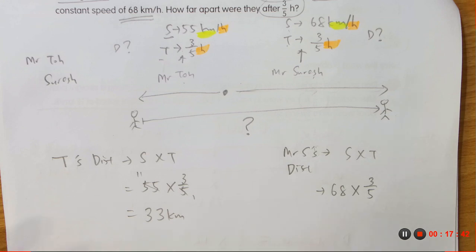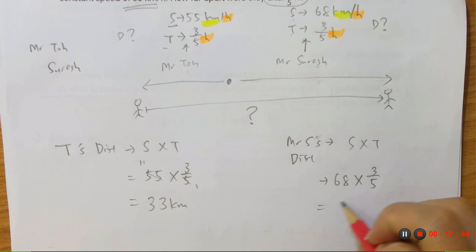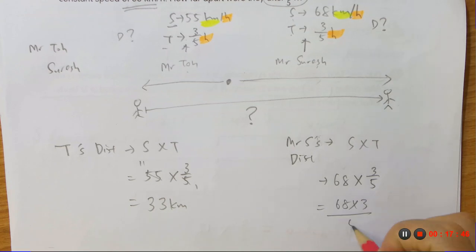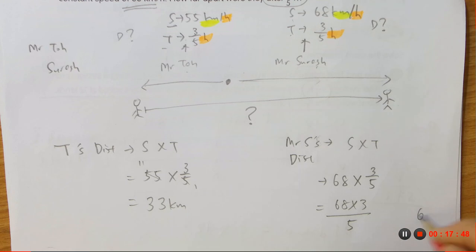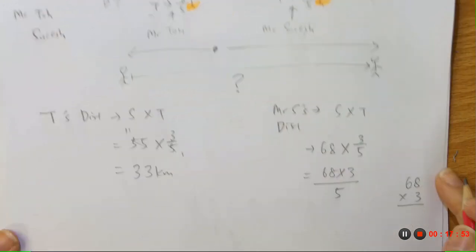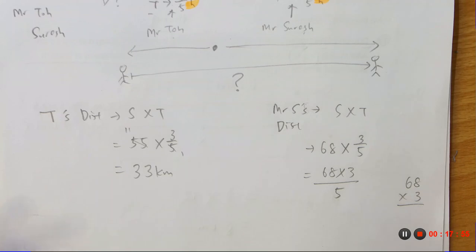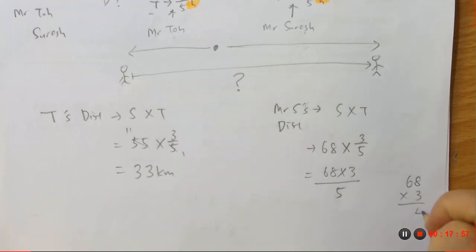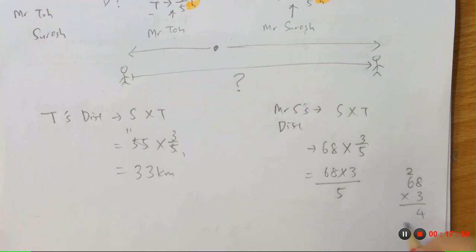Then this one cannot simplify, so I have to do 68 times 3, then divide by 5. And it says no calculator, so you have to practice these steps.